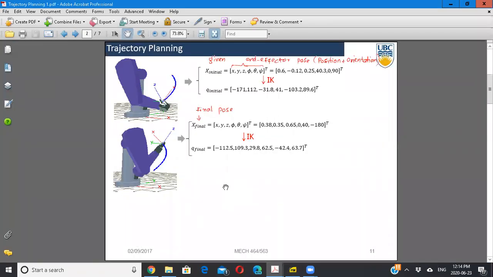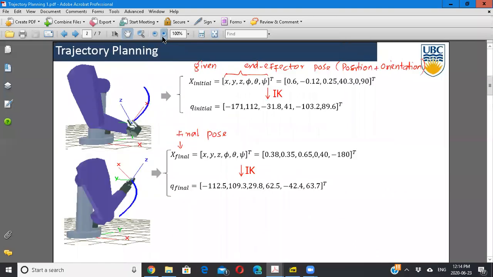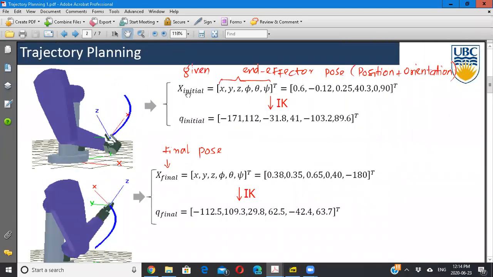And this is an example where you're given x initial. X initial means you are given three positions of the end effector, and three angles, which we also call orientation. Together, these three angles are called orientation.